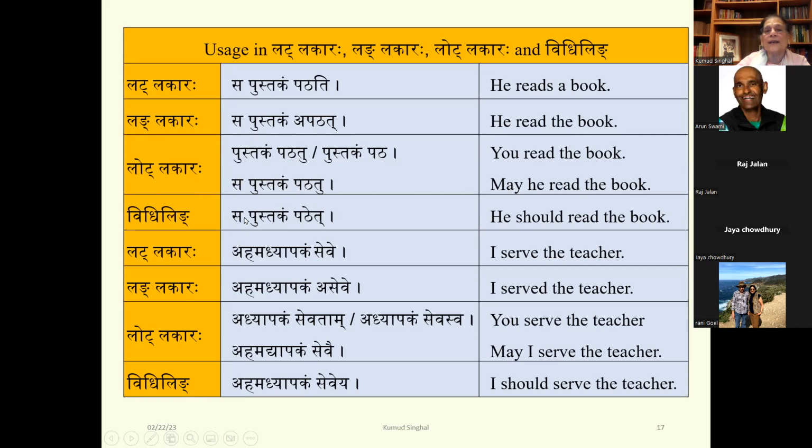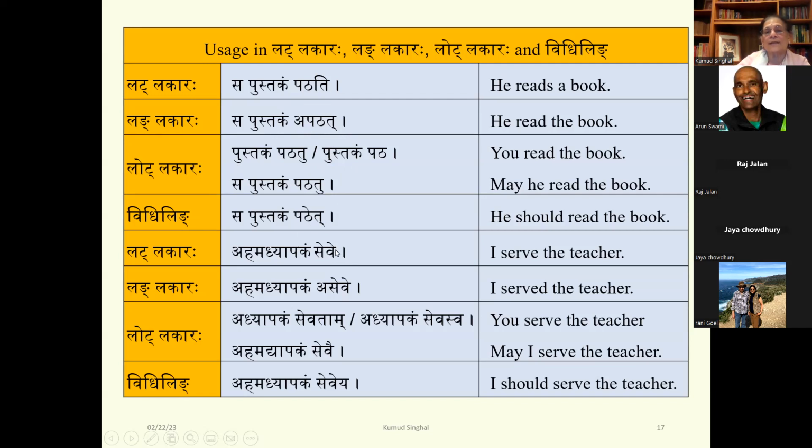Vidhiling would be saha pustakam pathet, he should read the book. So you say pathati, lat lakara; apathat, past tense; and pathatu, patha are the lot lakara, and pathet is the vidhiling. So this patha was the parasmai pada dhatu.